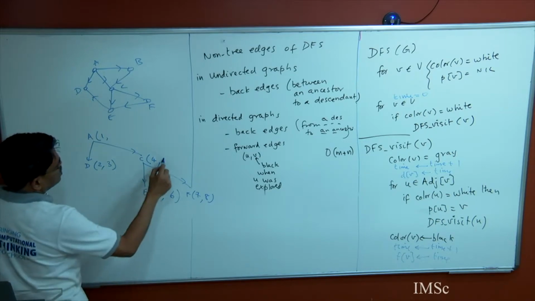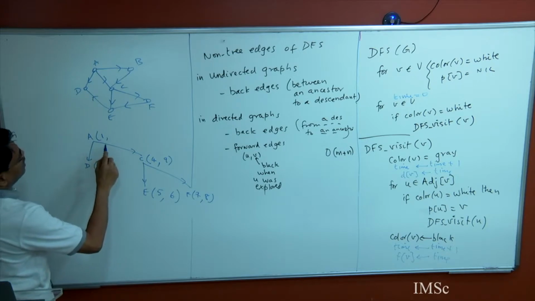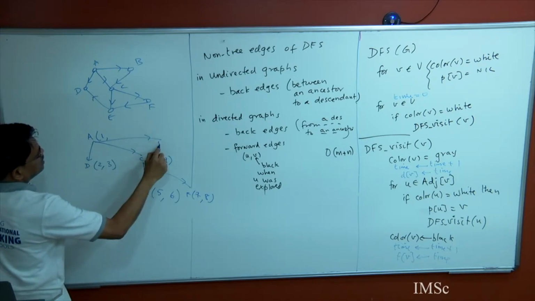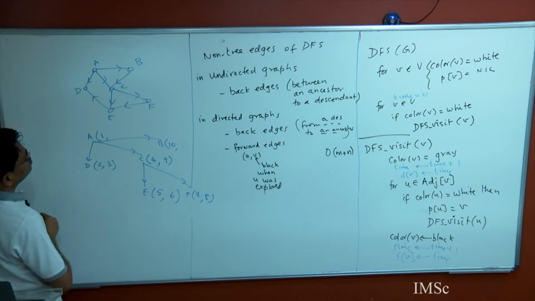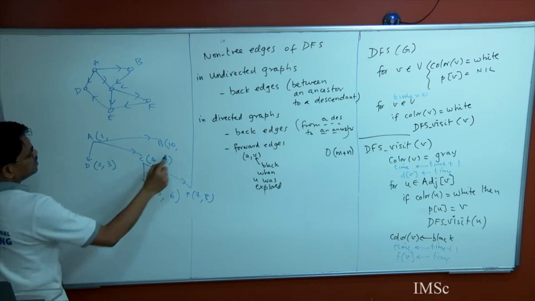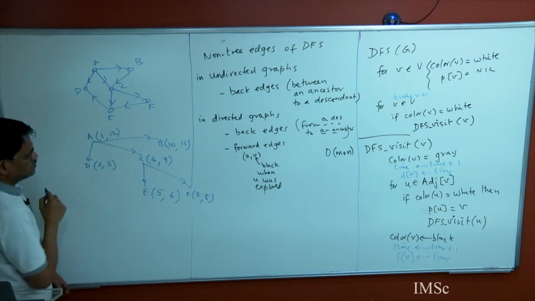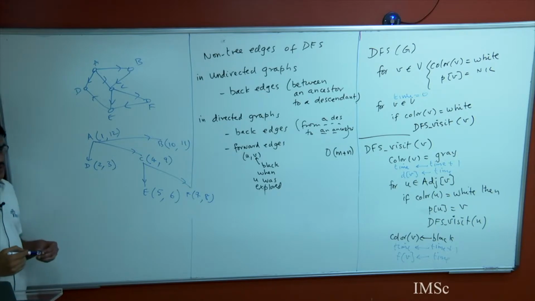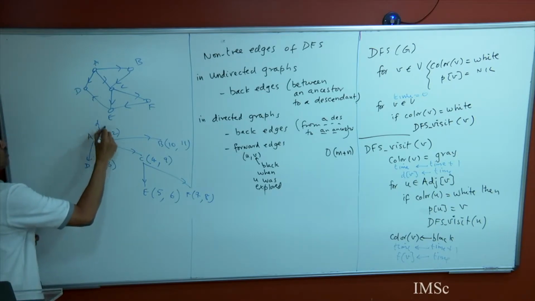C has no more, so I'll finish C at timestamp 9. Come back to A. A can go to B at timestamp 10, and I got them all. So finish B at 11 and finish A at 12. This is the discover time, this is the finish time.